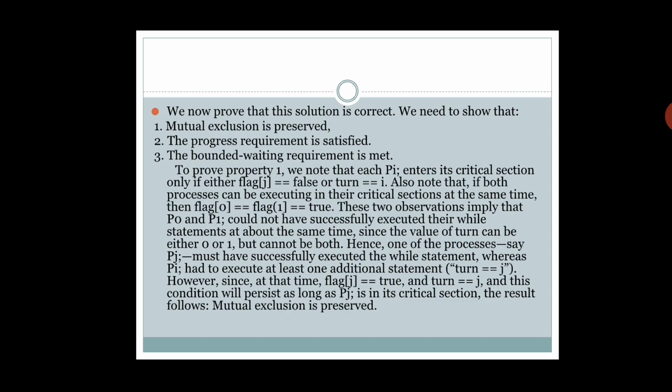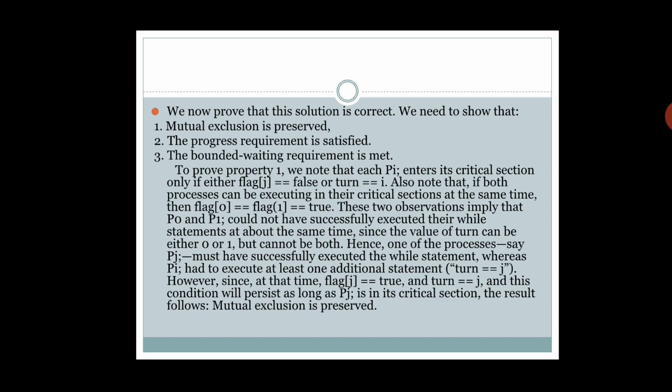Now why are both flag of 0 and flag of 1 true? That means based on the true value only, processes are allowed to enter the critical section. If both are set to true, that means two processes are using the critical section simultaneously. By default, you have to understand this.